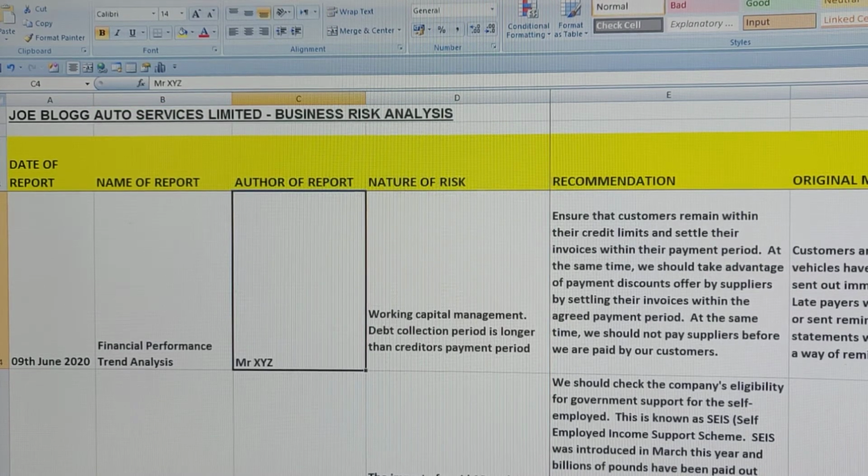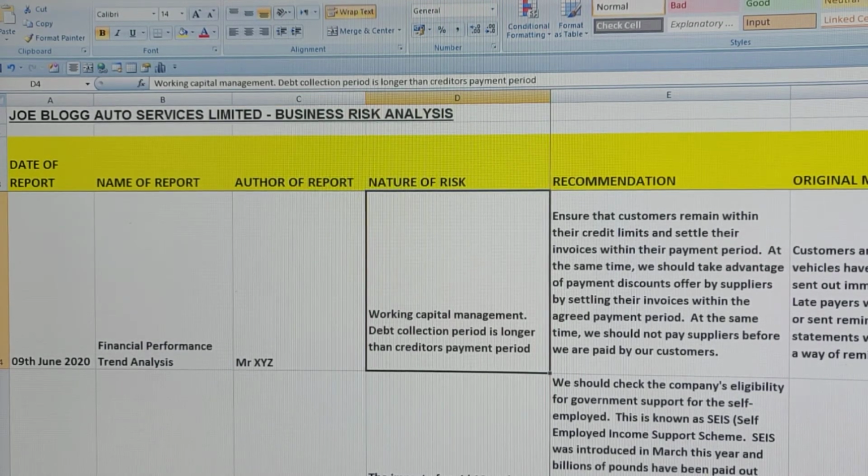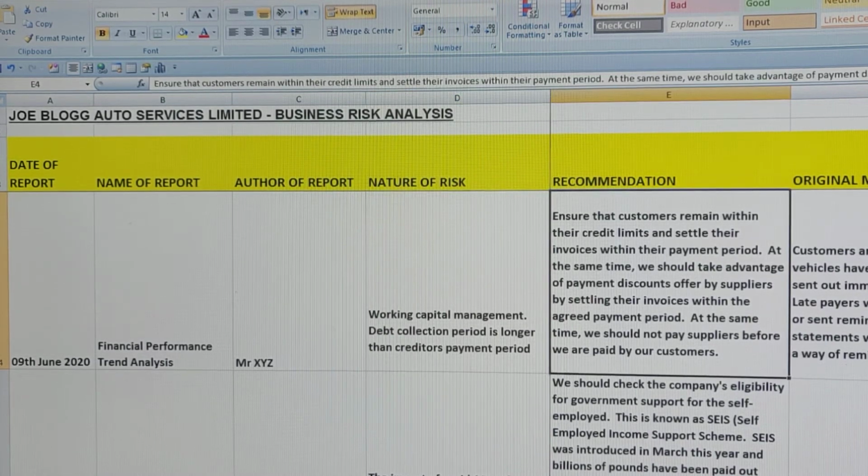What is the nature of the risk that you have identified? Working capital management. That is the nature of the risk: the debt collection period is longer than the creditors payment period. What is your recommendation? Now, before I go into this tracker, let me show you ratio analysis and the recommendations that I have made.